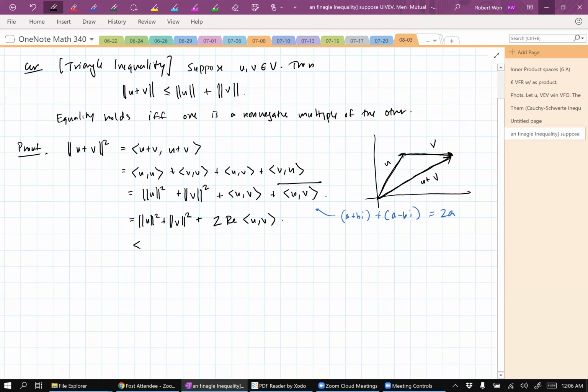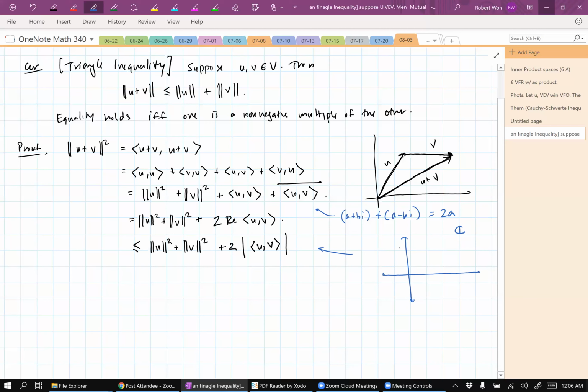Now this is less than or equal to 2 times the absolute value of this scalar. What's the picture here? This picture actually is true to life. This is a scalar, so we can think of it as living in C. Even if it's a real number, it still lives in C. It just lives along the real axis.